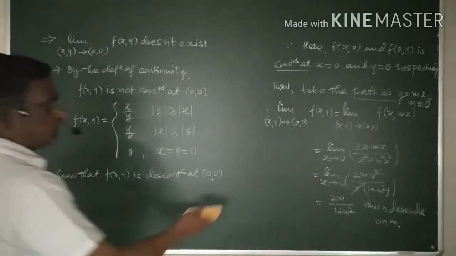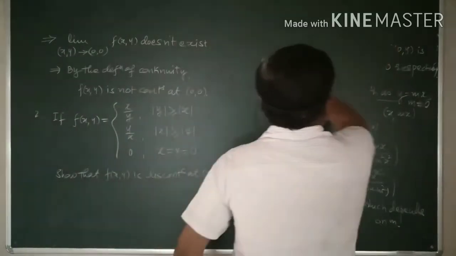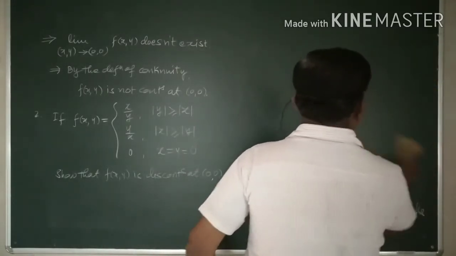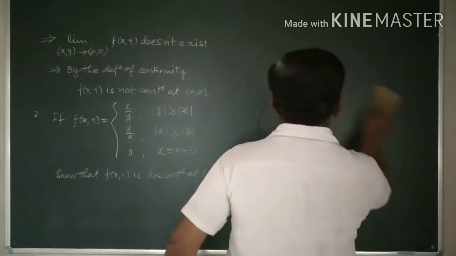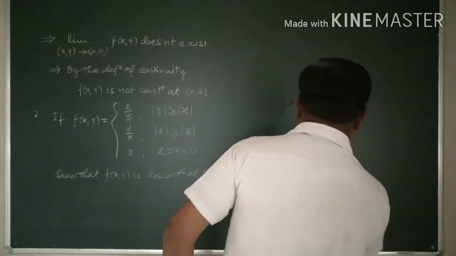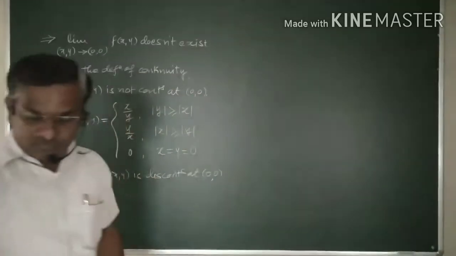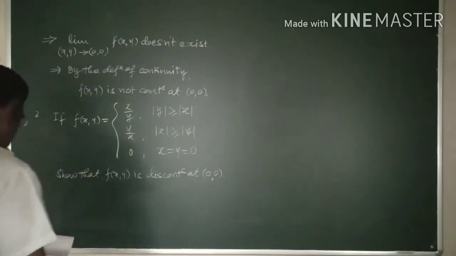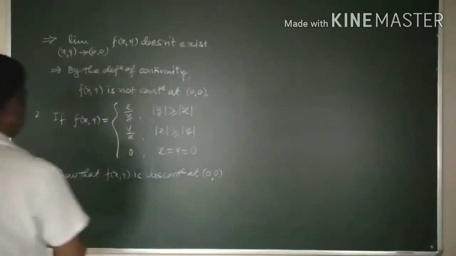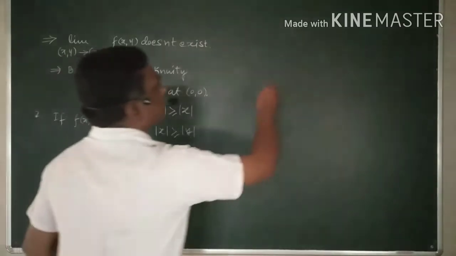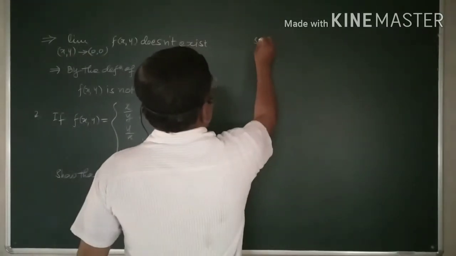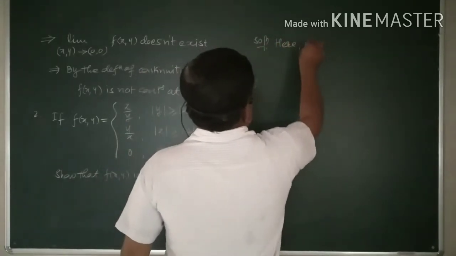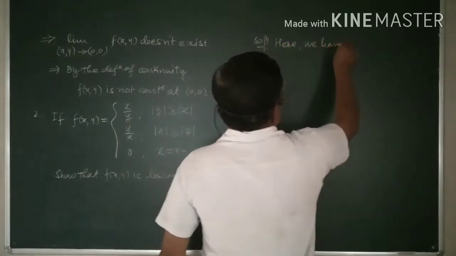We will show this by first obtaining the limit. And if the limit does not exist, we can say by the definition that the given function is discontinuous. Therefore, let's go for the solution of this one. Let us write the solution here. We have given, what is given?